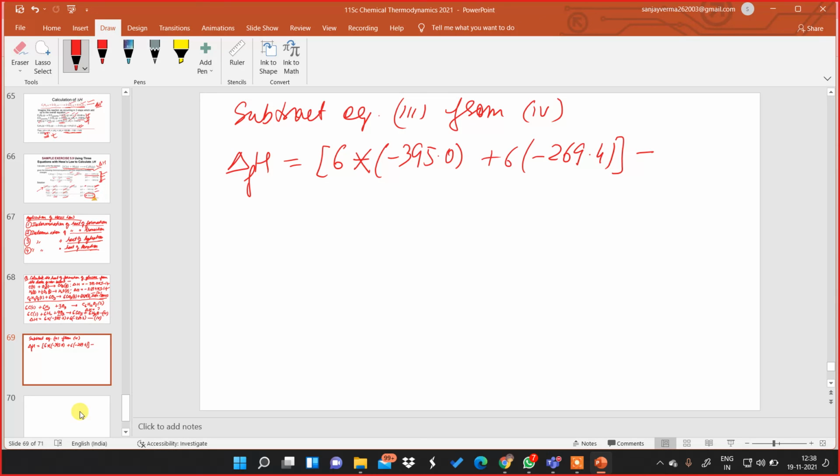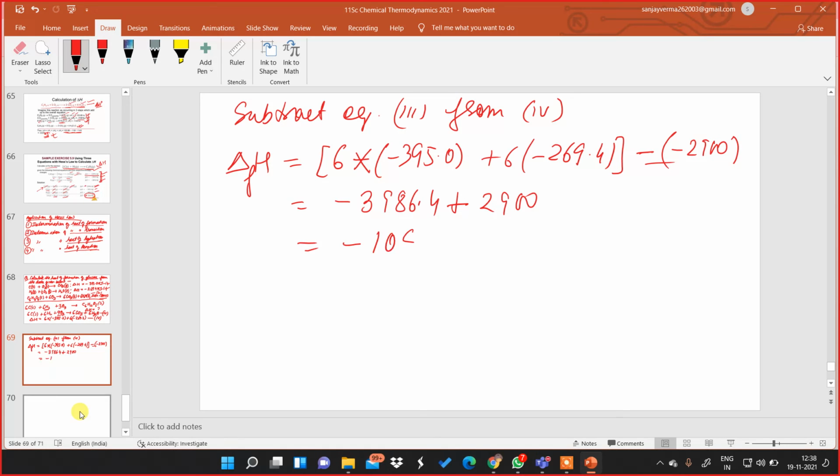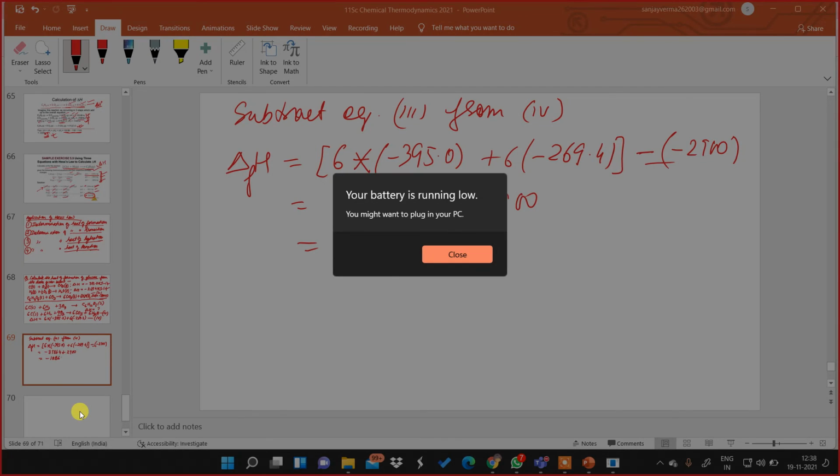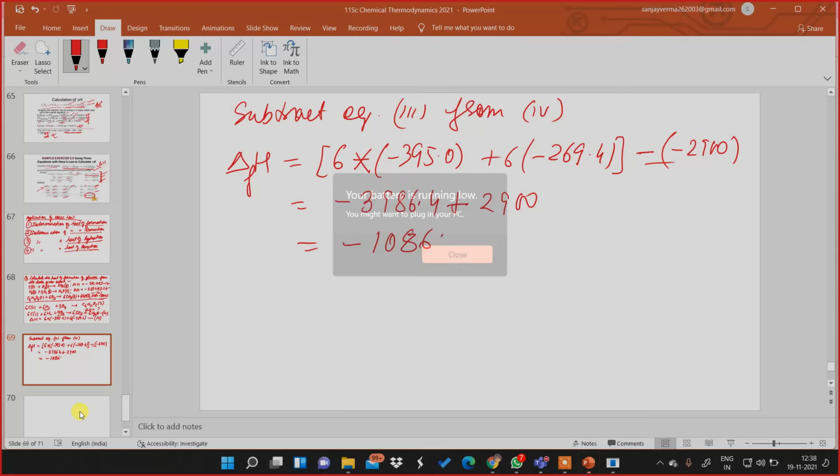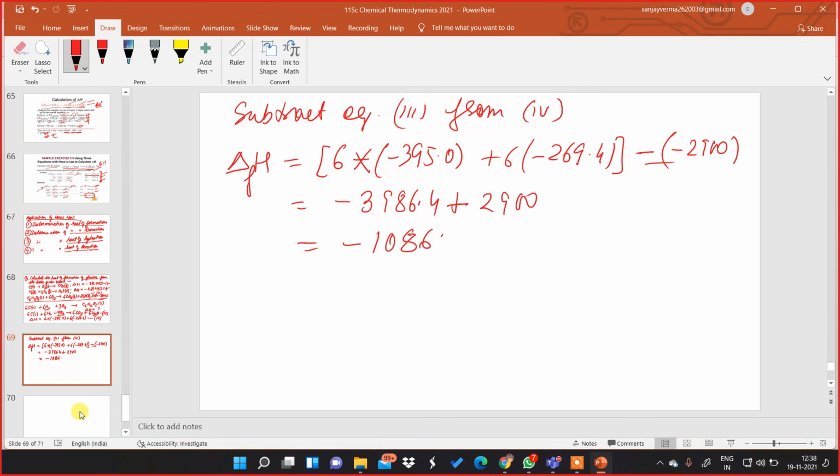The enthalpy given for equation 3 is minus 2900, and there is a negative sign because I have to subtract it. Upon simplification, I get minus 3986.4, and this minus minus becomes plus 2900. So the heat of formation of glucose comes to minus 1086.4 kilojoules, which is the answer. So this is the heat of formation.